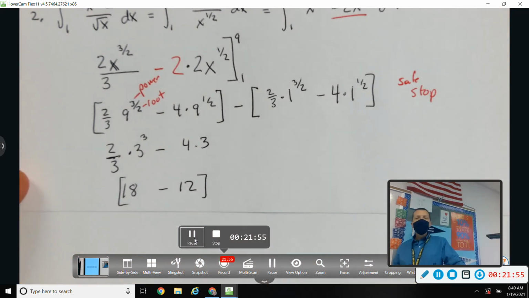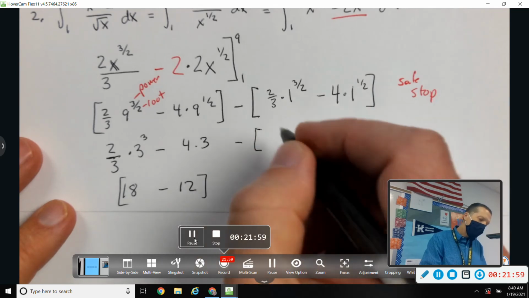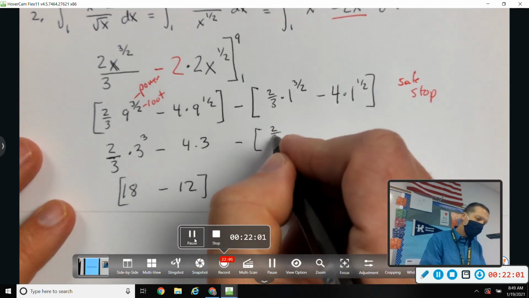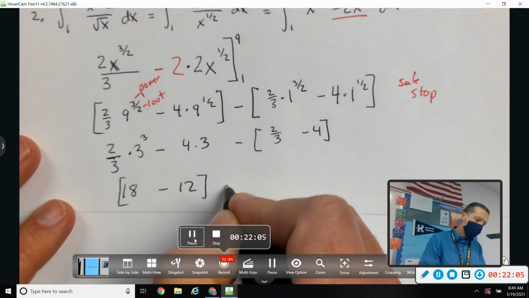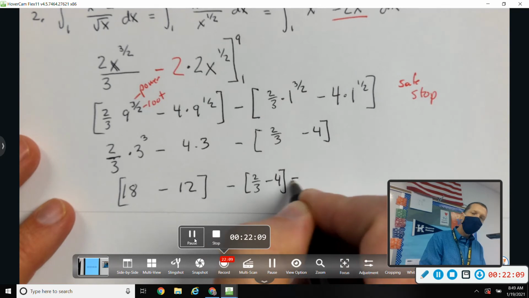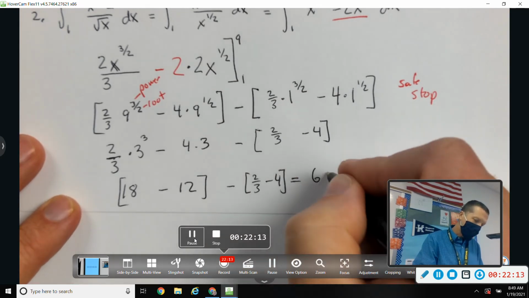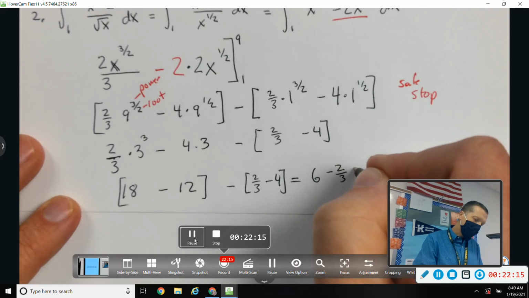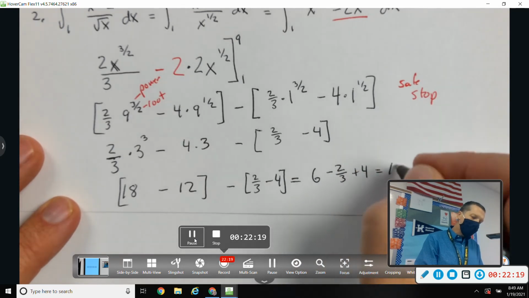The others are all 1, so that's kind of nice. Minus 2/3 minus 4. Running out of room, but that would be 6 minus 2/3 plus 4. So that would be 10 minus 2/3.